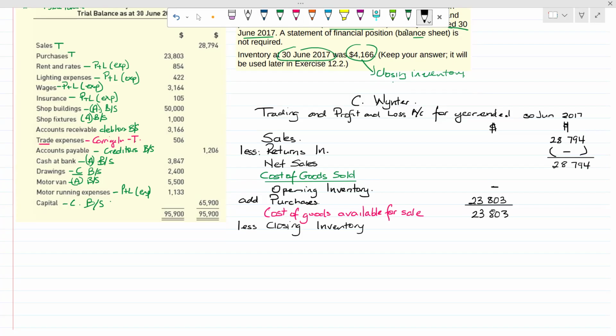The remaining inventory or closing inventory, if we subtract that from what we know the full chiller was, that will tell us the cost of all the goods sold. Now, what we do is we subtract cost of goods sold from sales. So when I get this figure, I'm going to put it on a separate line.